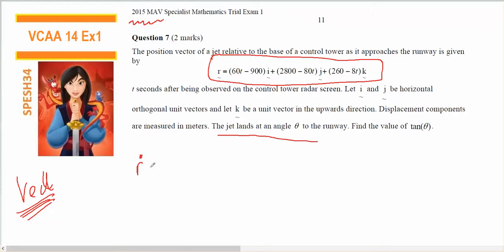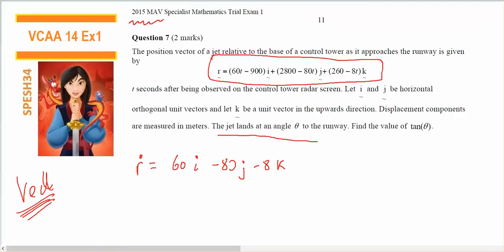So r dot will equal 60 in the I minus 80 in the J minus 8 in the K. And that's going to tell you its velocity. And as you can see, the velocity doesn't change for the whole time because it's not in respect to t, because there's no t's in it.